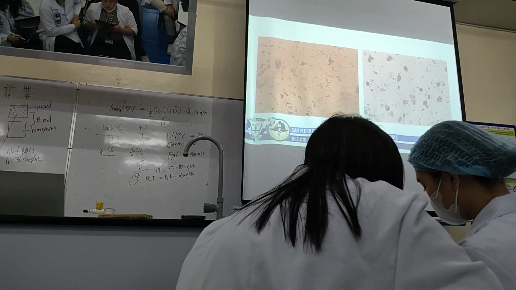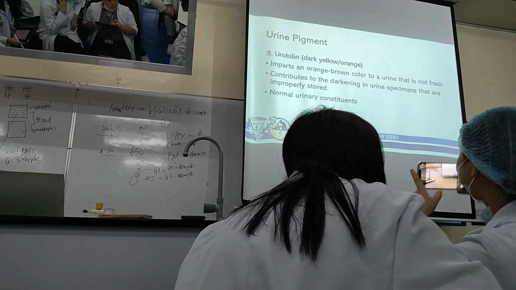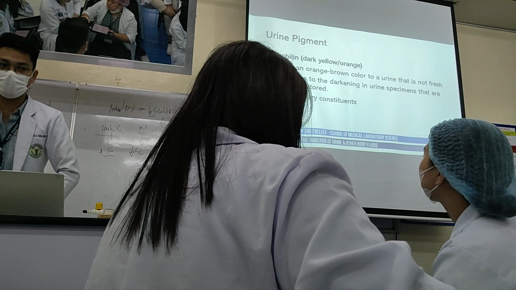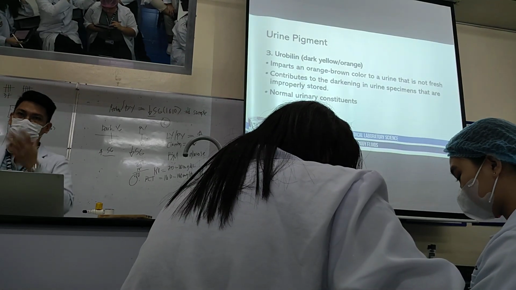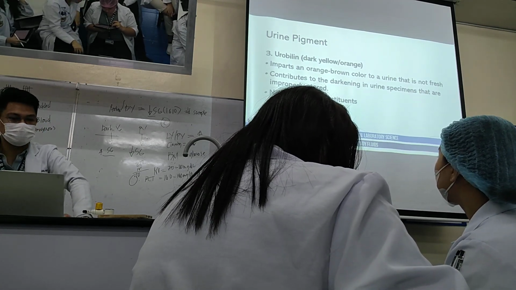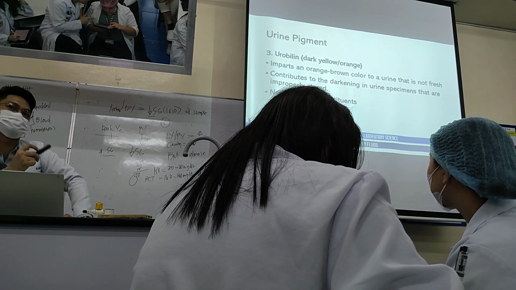Okay, proceed. Next, other pigment, we have your urobilin. Urobilin, class, is a product of the breakdown of your urobilinogen. Once exposed to light, urobilin will increase. That's why it contributes to darkening in urine specimens that are improperly stored.